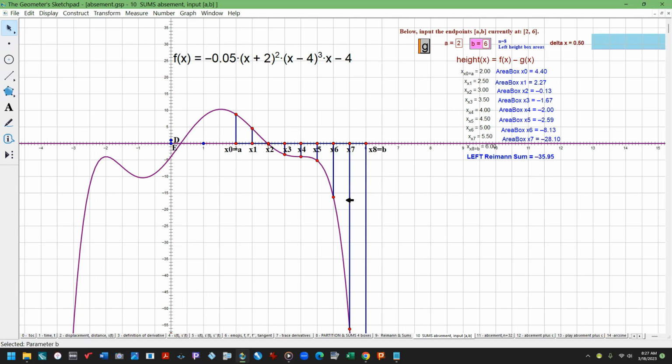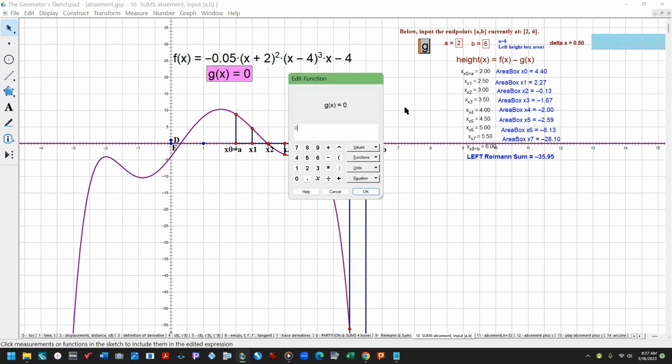There's the curve I want. The area I'm looking at is between the function and the x-axis. It's negative. You can see it's much more negative, but we also have the ability to change a new function.